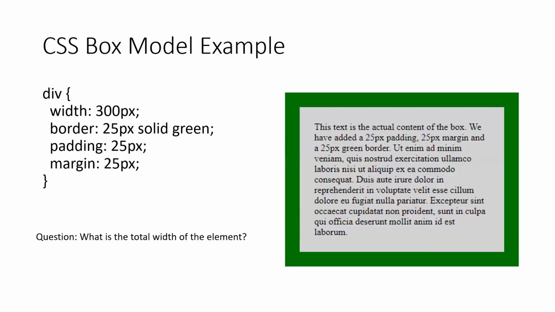For example, a div is a general element that we can use. In this example, let's say we specify a div, and within that we have text, and let's say we specify this information.